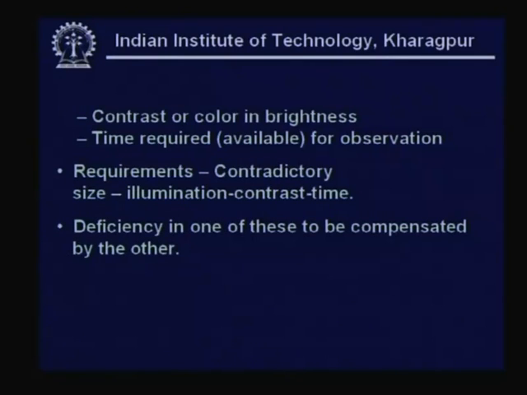Now, one has to design the illumination system in such a way that deficiency in one is compensated by the additional input in the other. This has to be kept in mind.